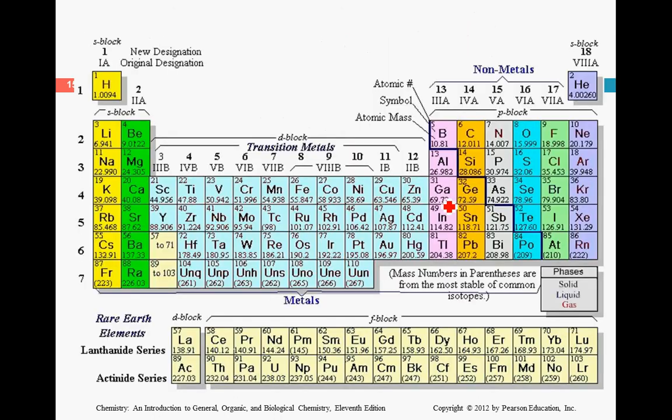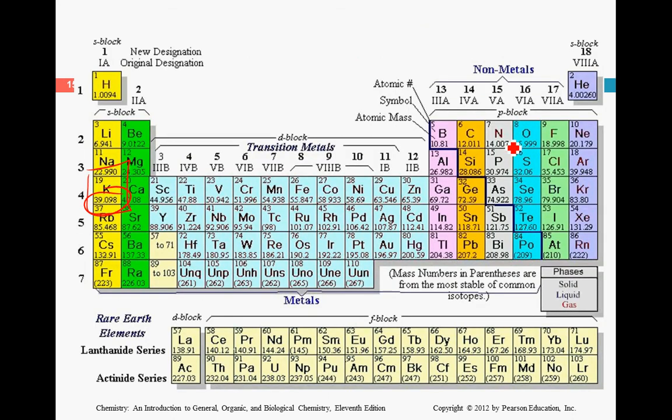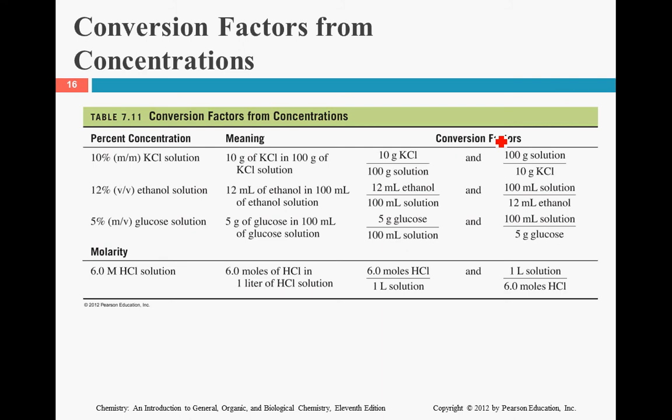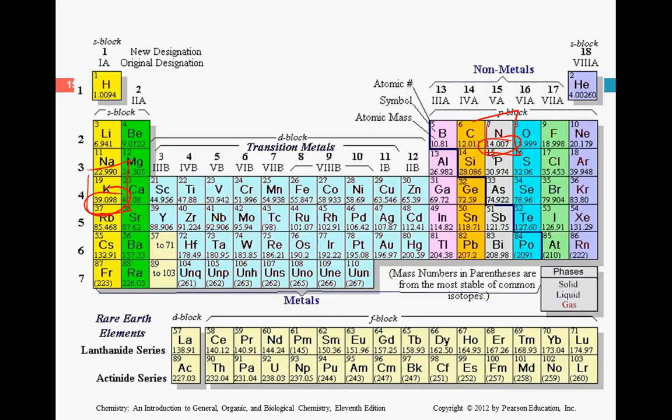So I'm looking at the periodic table. Potassium is right here, 39.1. Nitrogen is right here, 14.0. And oxygen is right here. Kind of hard to see, but it's 16.0.